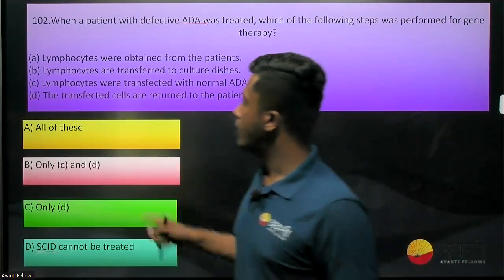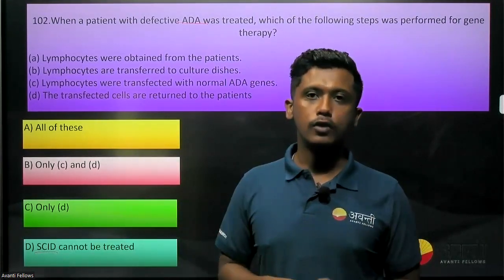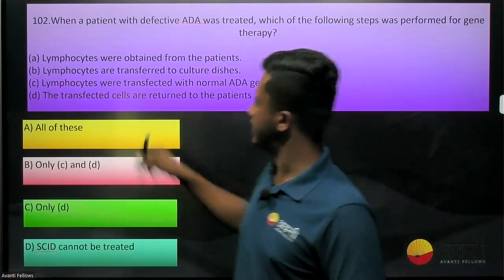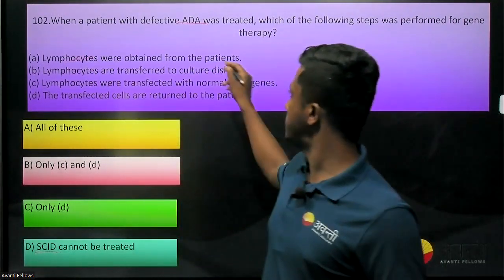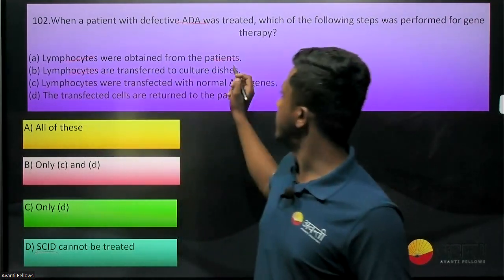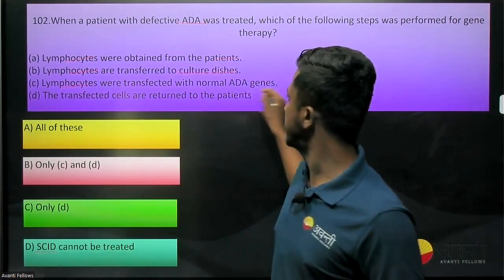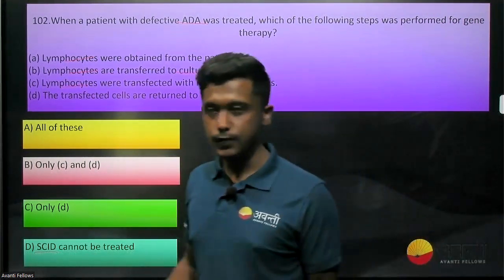Now, for the treatment of ADA deficiency, we know that gene therapy is employed. We collect the lymphocytes from the patients, culture them in dishes, alter these lymphocytes with the ADA gene, and then transfer them back to the patients.